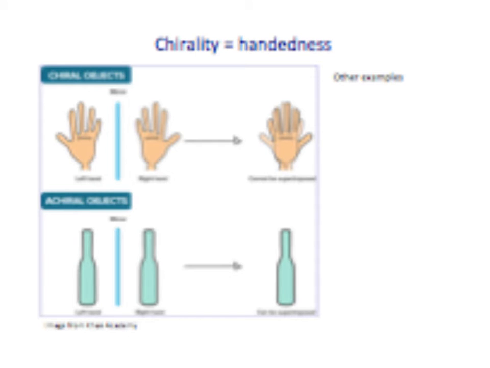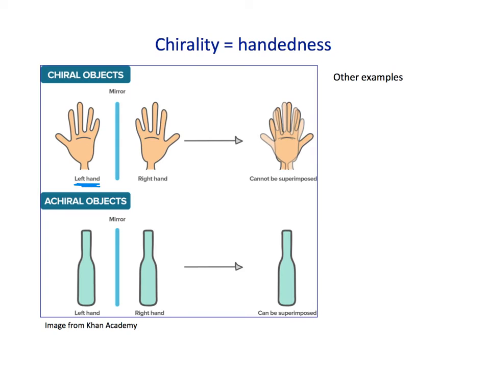Objects are chiral if they're different from their mirror images. An important example has to do with our hands. If we take our left hand and reflect it into a mirror, what we see in the mirror is essentially an image of our right hand.